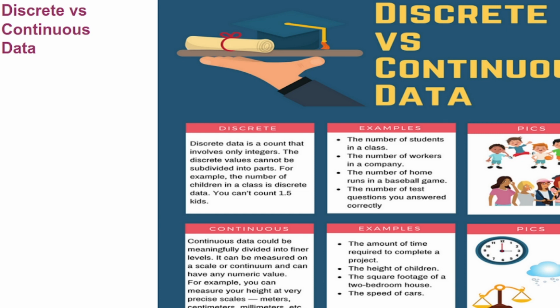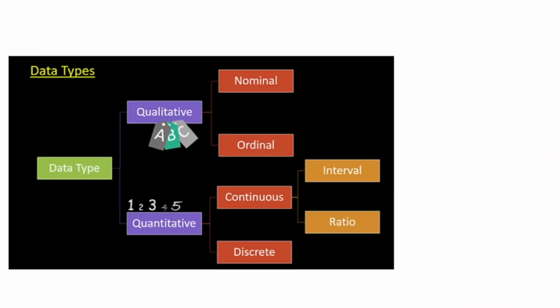They are continuous data because they can be divided into finer levels. If you cannot divide something into parts, it is discrete data. If you can divide it into finer levels, it is said to be continuous data.